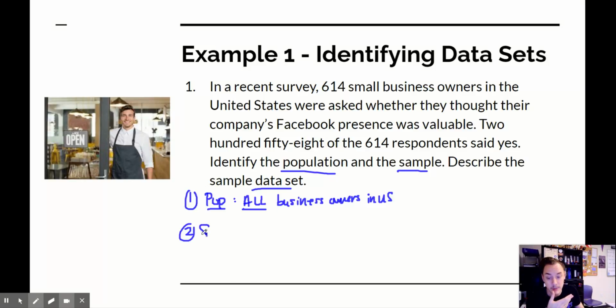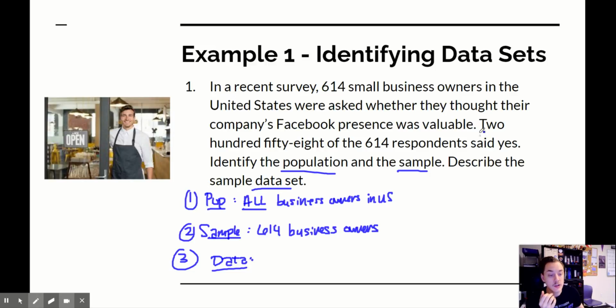So that means my sample is actually those 614 business owners. Now what's my data set? My data set, what I'm actually going to be using, is that 258 of my 614 owners said yes.